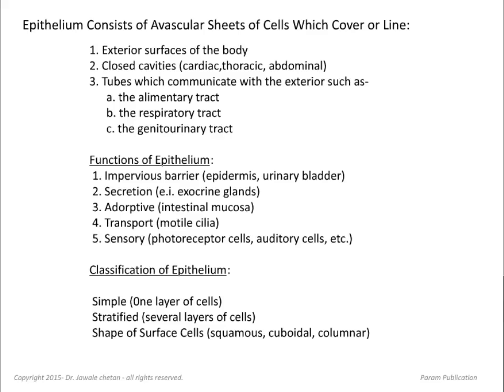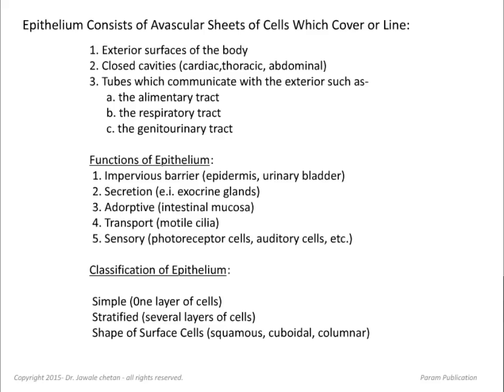What are the functions of epithelium? They serve as an impervious barrier. Barrier means which arrests the transfer of something. Here they arrest and selectively allow passage of some electrolytes or water.